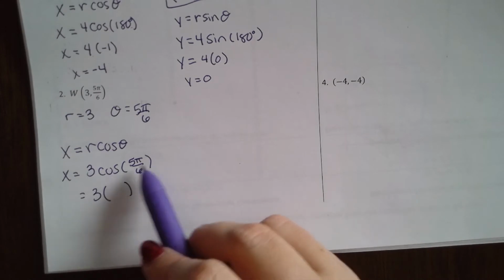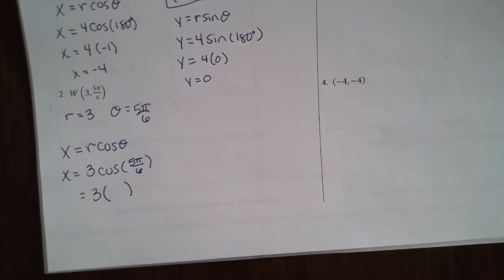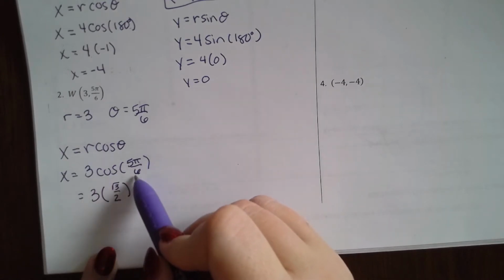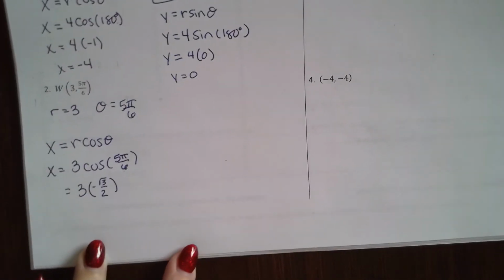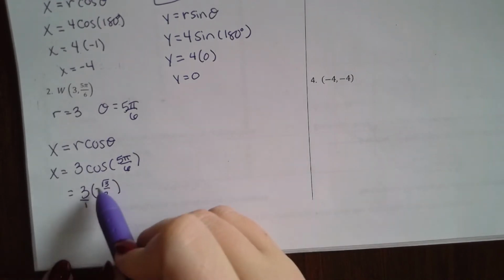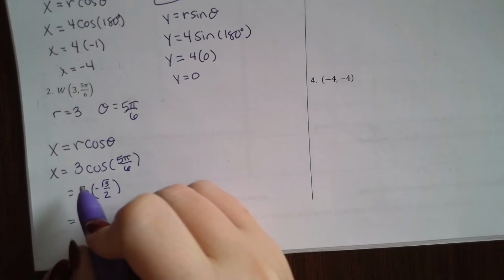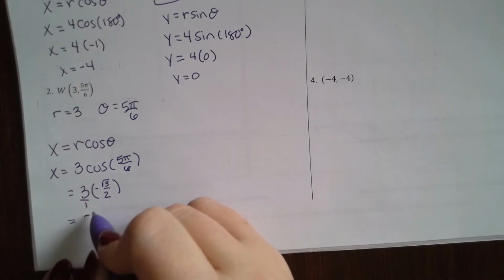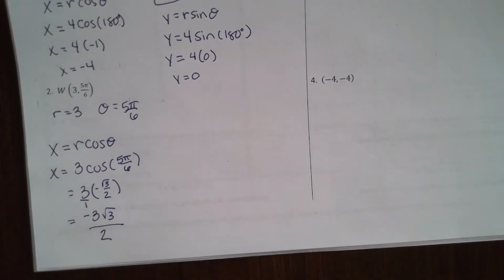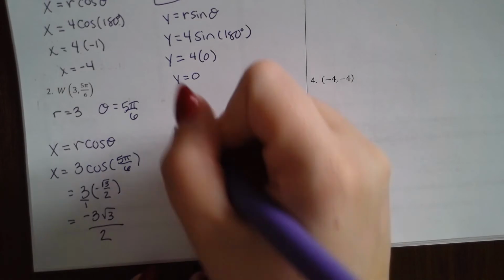Well, over 6 is a 30-degree angle, so that means cosine is √3 over 2. And 5 pi over 6 is in quadrant 2, so that would be negative. Well, remember, 3 is just like 3 over 1, so we've got 3 times -√3 over 2, 3 times -√3 would be -3√3, and then 1 times 2 gives us 2. This cannot simplify, so that is our x.